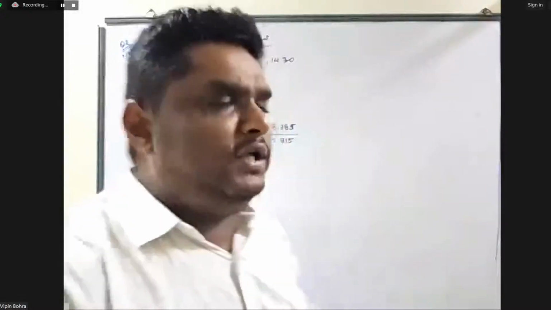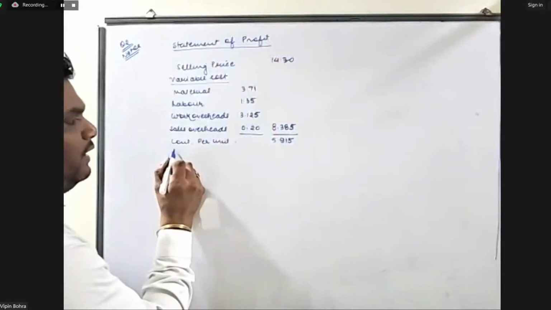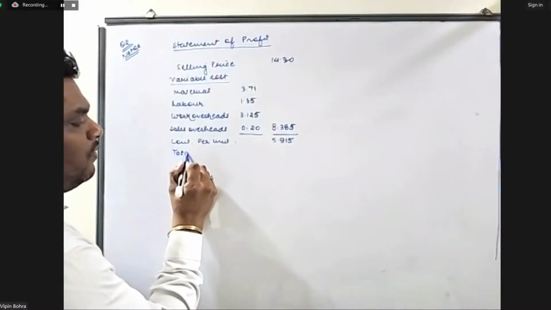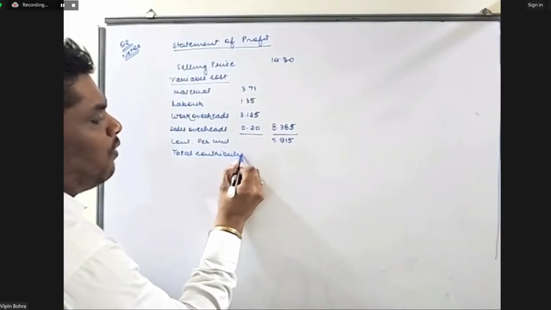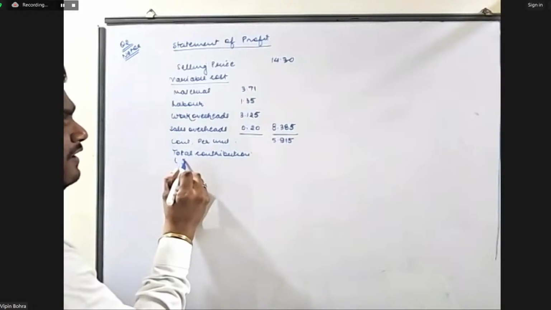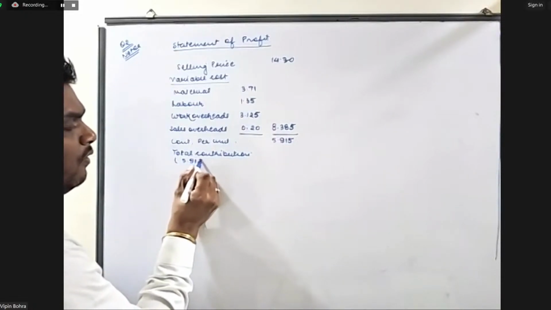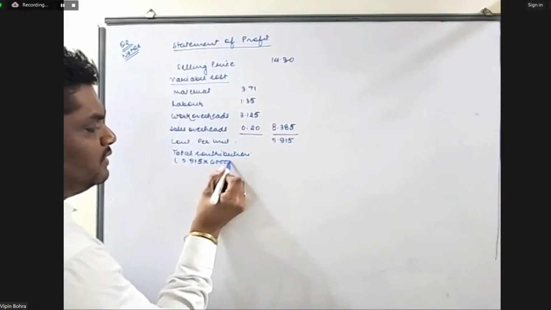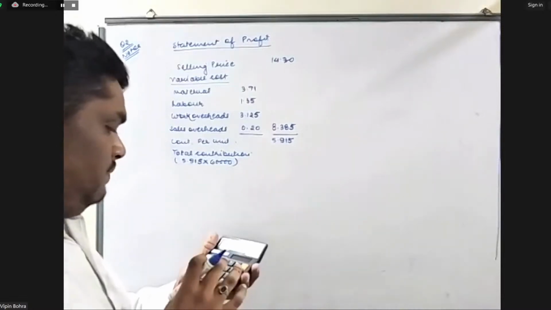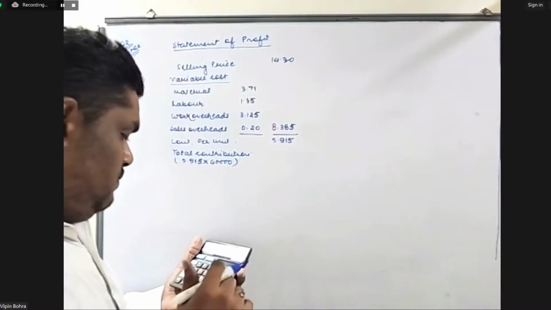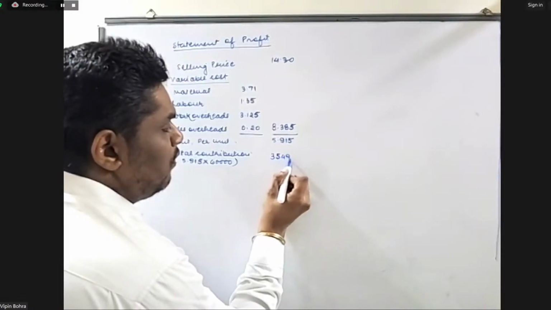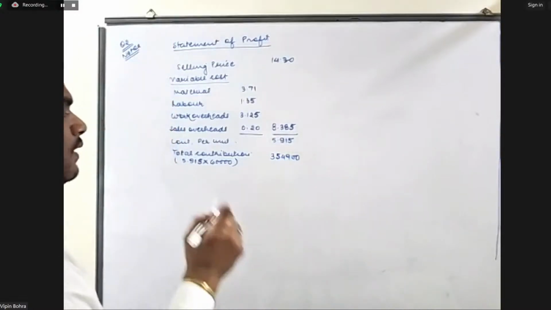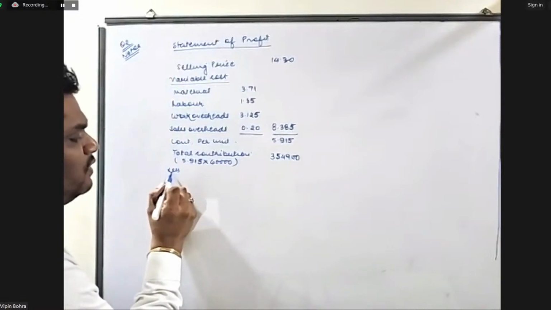Now current capacity is 60,000 pieces at 60% of the potential capacity. So we can calculate the total contribution. That is 5.915 multiplied by 60,000. Now we have to subtract fixed cost.